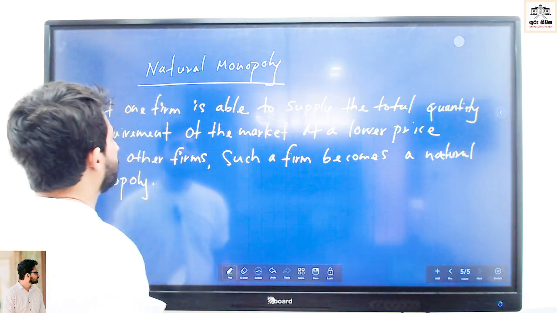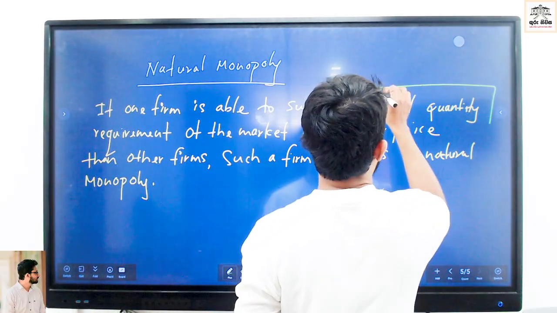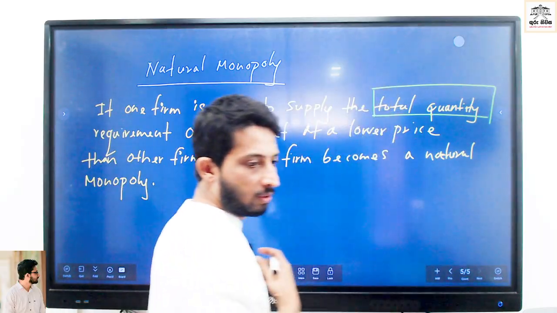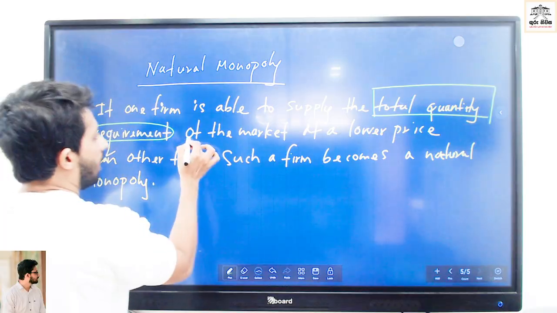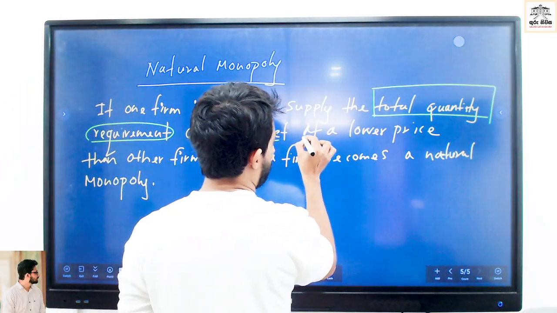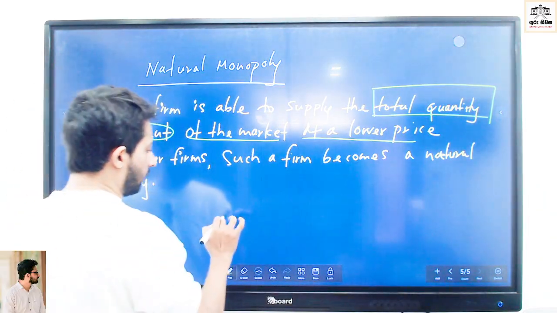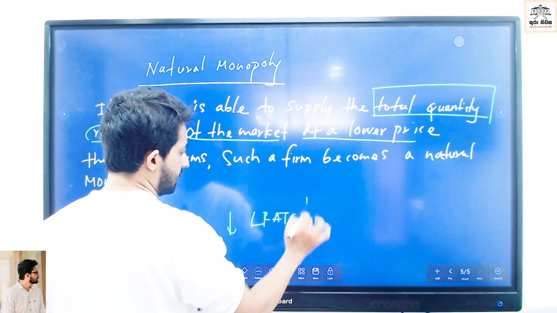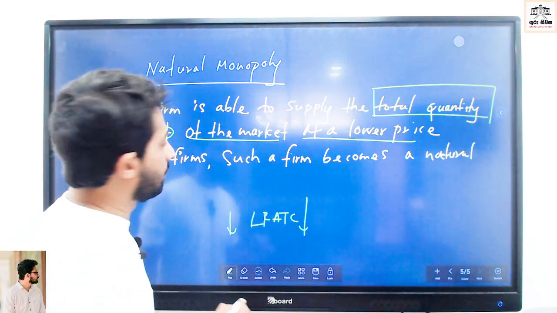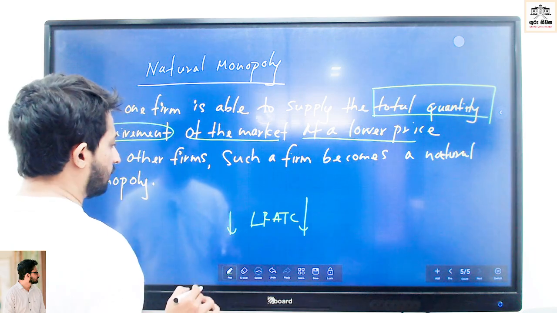Remember, if one firm is able to supply the total quantity requirement of the market at a lower price, this is the most important one, it means lower LRATC, right? Lower price than other firms. Such a firm becomes a natural monopoly.